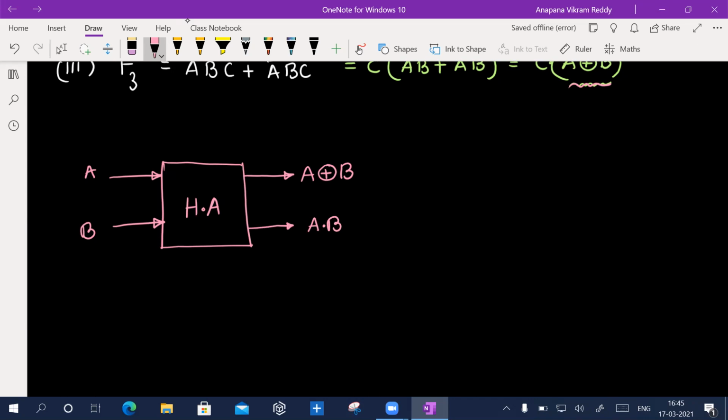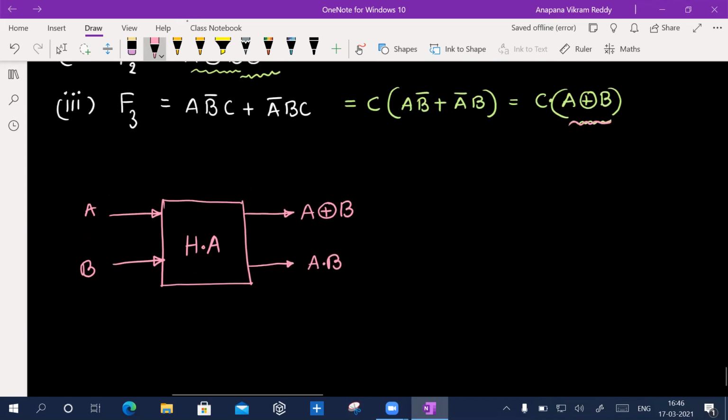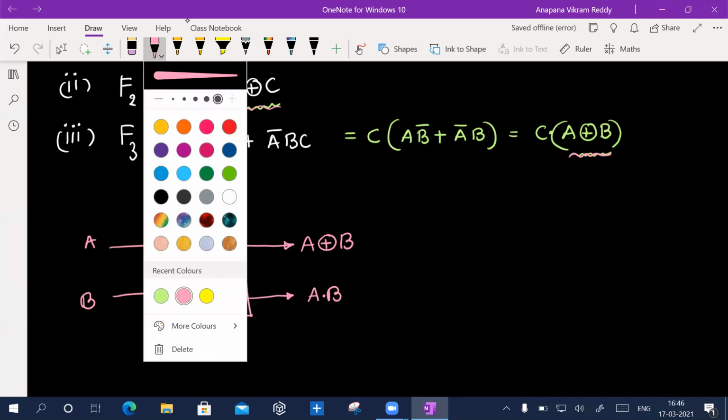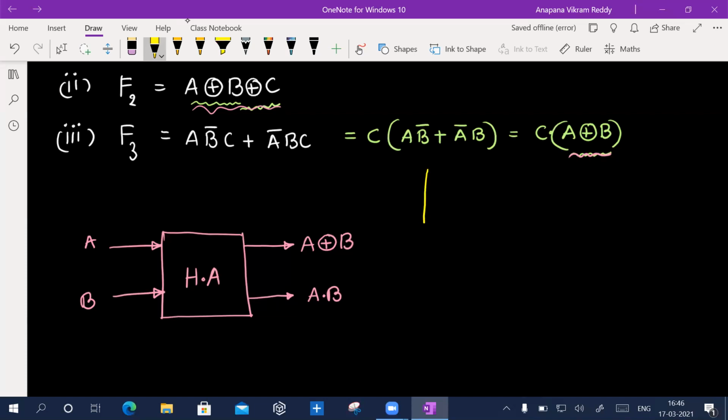Whatever name you want to give, you give. If you want to give C prime or something, just give it. Then what do I do? Anyway, I have other stuff, that is A exclusive or B exclusive or C. For that, let me take one more half adder like this.